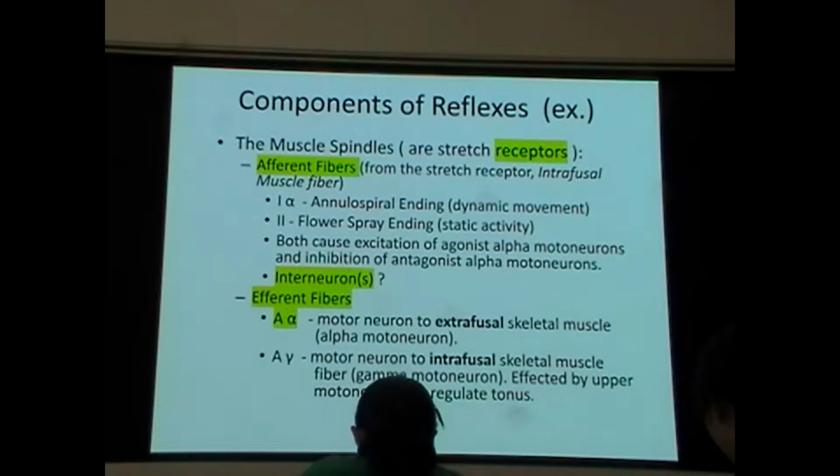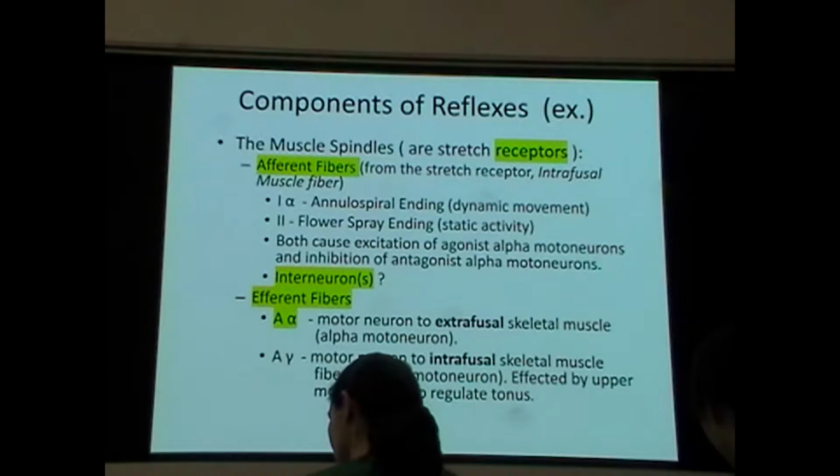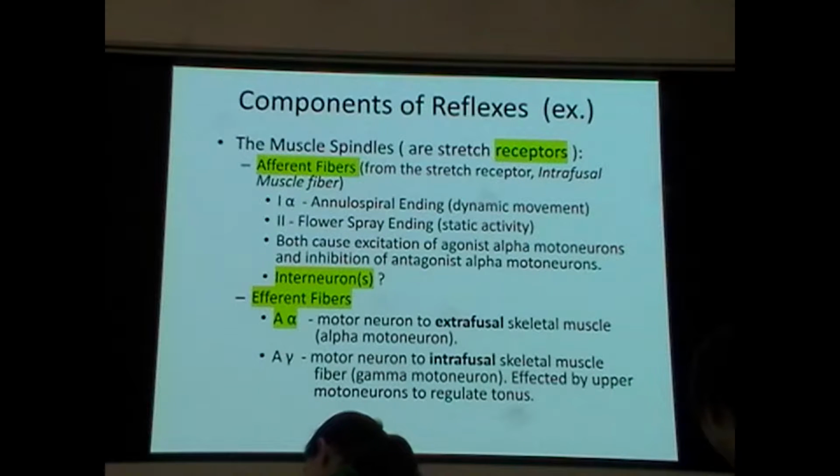So what I've got highlighted here are components of a reflex. All reflexes have a specific type of receptor. In the case of this muscle stretch reflex, sometimes referred to as a myotatic reflex, the receptor is a stretch receptor, or what we refer to as an intrafusal fiber.